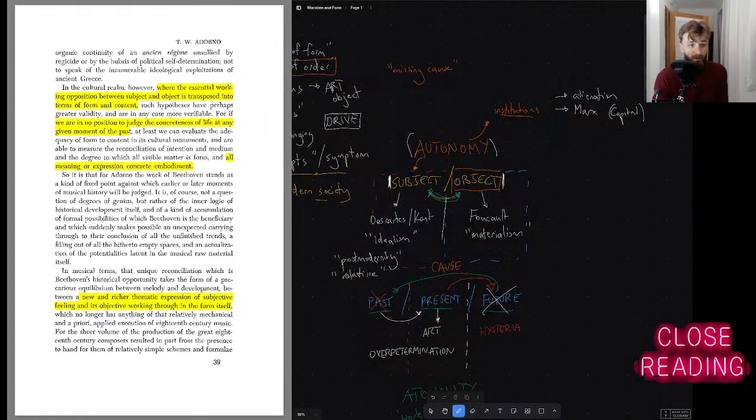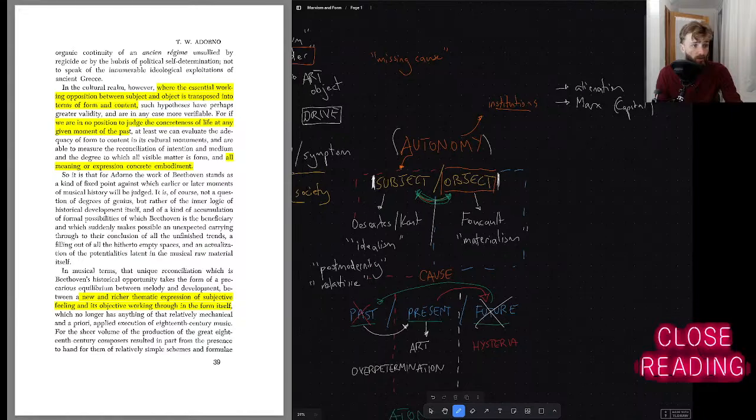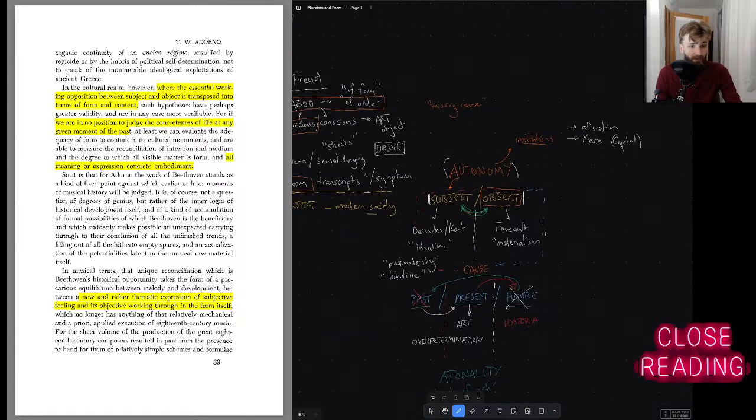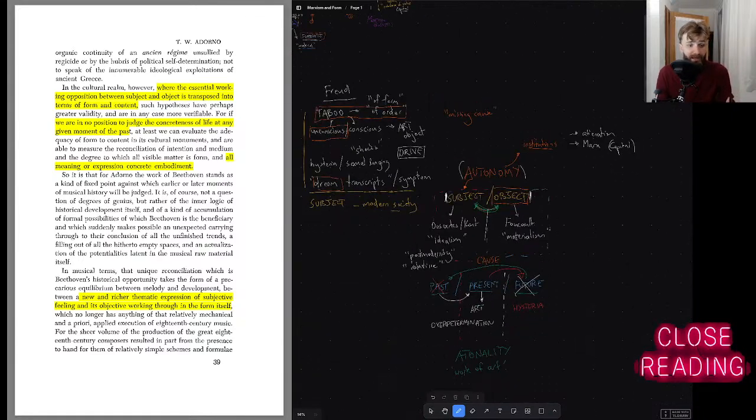So the first new important term that we haven't yet introduced, or at least we haven't yet gone over in too much detail, is an idea of totality.